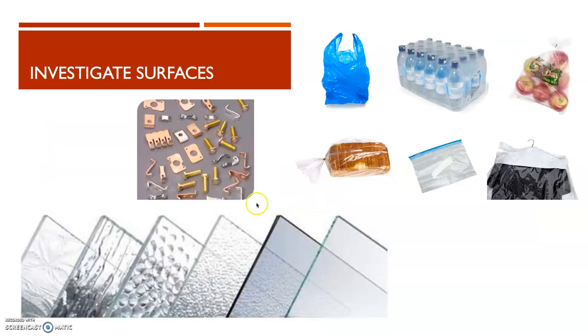And then you're going to investigate surfaces. So we have a variety of metals, we have a variety of glasses, we have a variety of plastics, just a variety of surfaces. And you are going to determine if each of those are hydrophilic, hydrophobic, what is the range? You're going to ask your own question and investigate that this week.